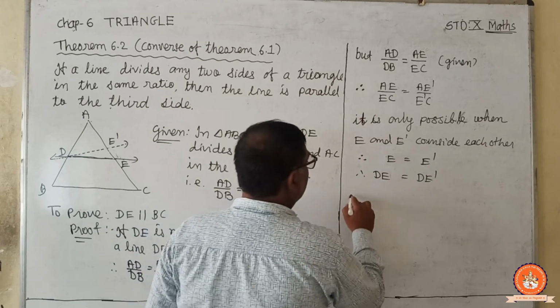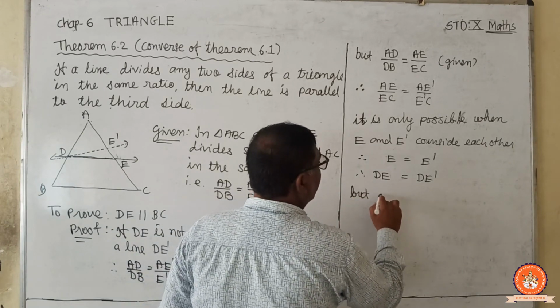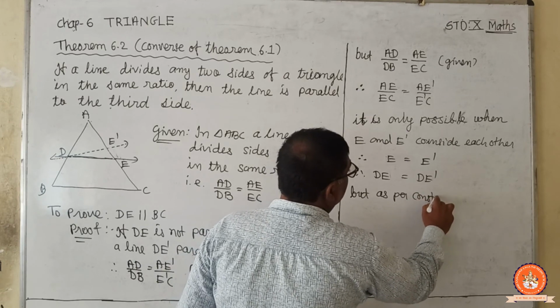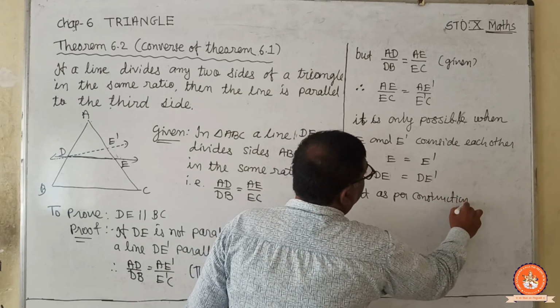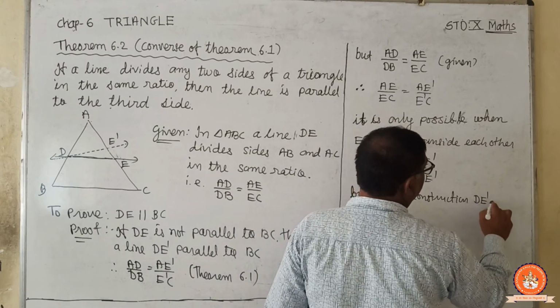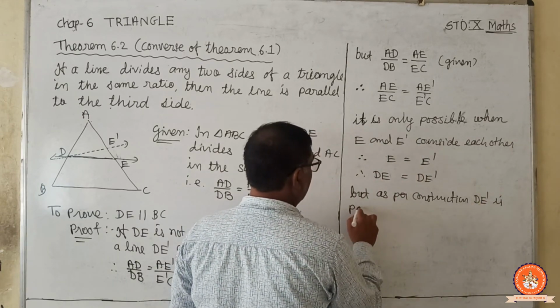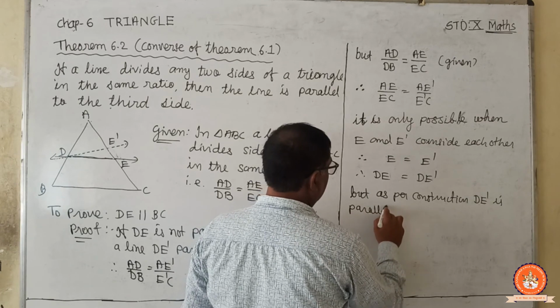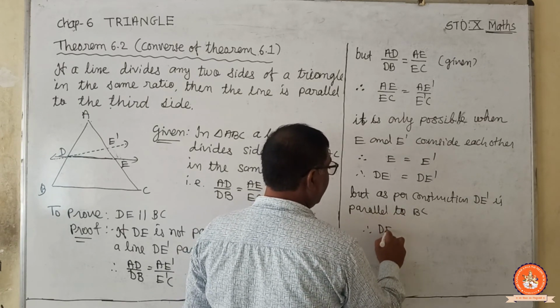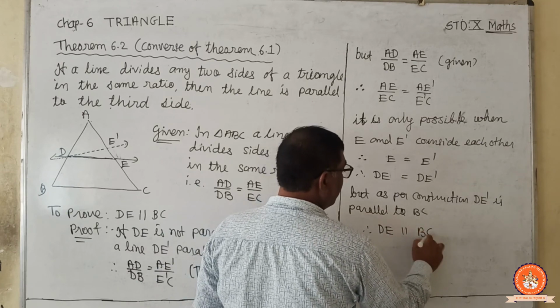But as per construction or assumption, DE dash is parallel to BC, and therefore DE is parallel to BC.